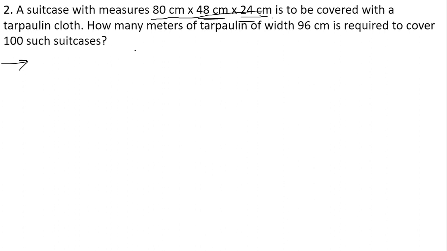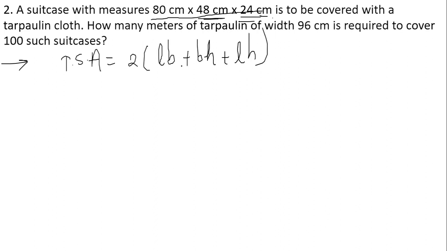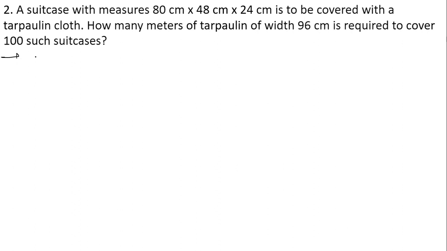So here we'll be taking the formula of total surface area of a cuboid, that is 2 into LB plus BH plus LH. Putting the values in the formula, this will give me 2 into 80 into 48 plus 48 into 24 plus 24 into 80. I'll write it a little smaller because I need more space for the rest of the question. So 80 into 48 gives 3840.